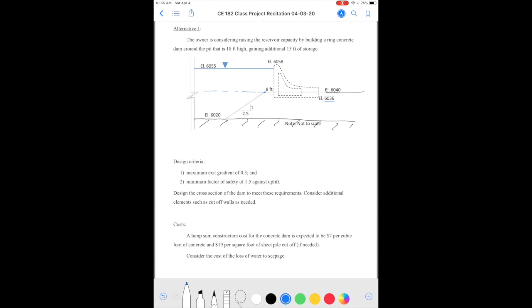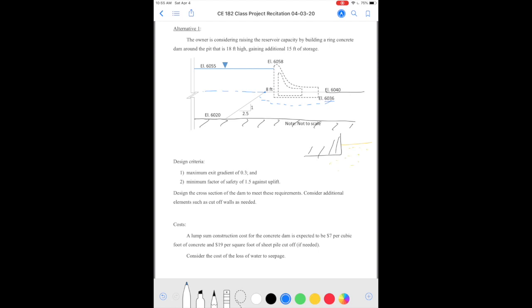So the design criteria it's telling us is that the maximum exit gradient needs to be 0.3. So you can imagine that the water is going to flow from here underneath the dam, and when it appears on the other side, when we have this dam, let's say, and 4 feet of soil, right?